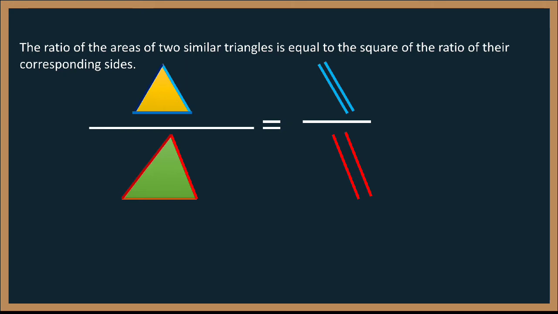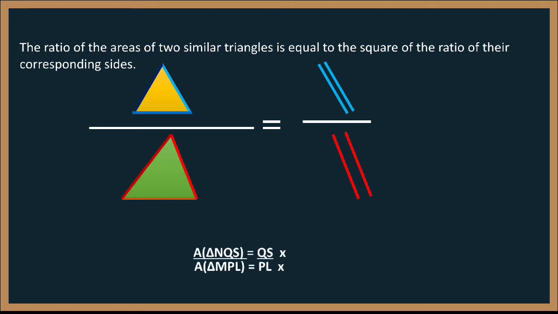So the ratio of the areas of two similar triangles is equal to the square of the ratio of their corresponding sides. Whichever sides are corresponding in these two triangles, the square of that side. This is just a graphical representation for you to understand.